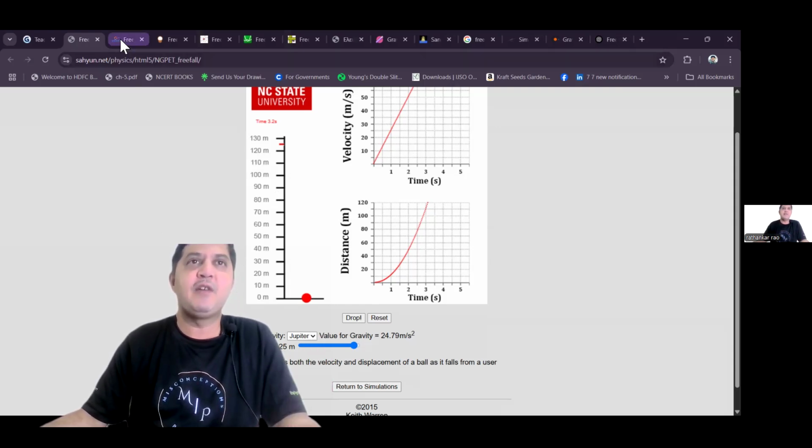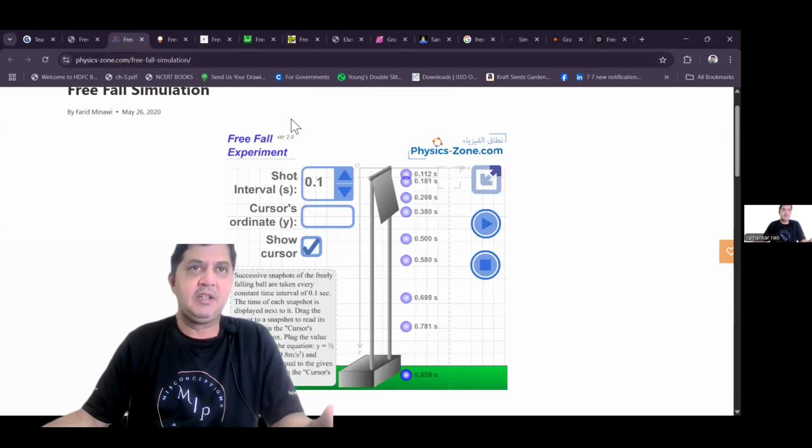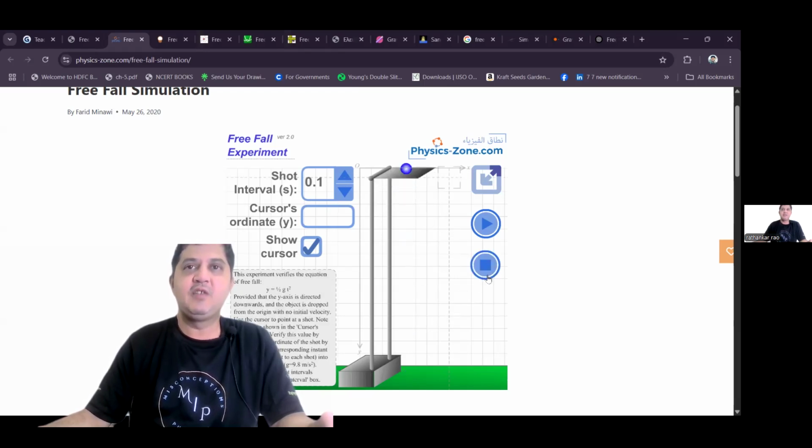Now let me take up one more simulation. This simulation is by physicsZone.com, and here the y-axis has timings, and for every 0.1 seconds an image of this ball is taken, and as a result they find out the distances covered. Let me reset this.